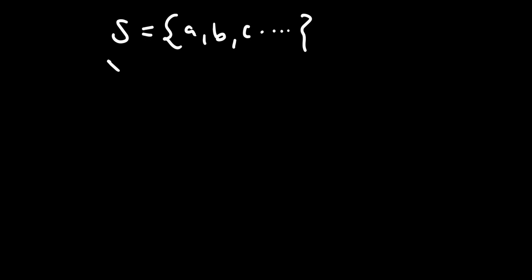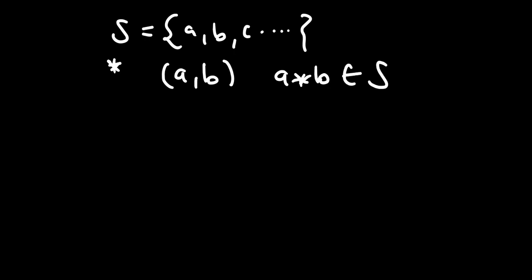The operation star is going to be a binary operation on this set S if and only if, for every ordered pair of elements that we choose, that is A, B, where A and B are part of the set S, there is an assigned element A star B that is a member of the set S. This is how we denote it. This A star B must also be a member of the underlying set which you're talking about.